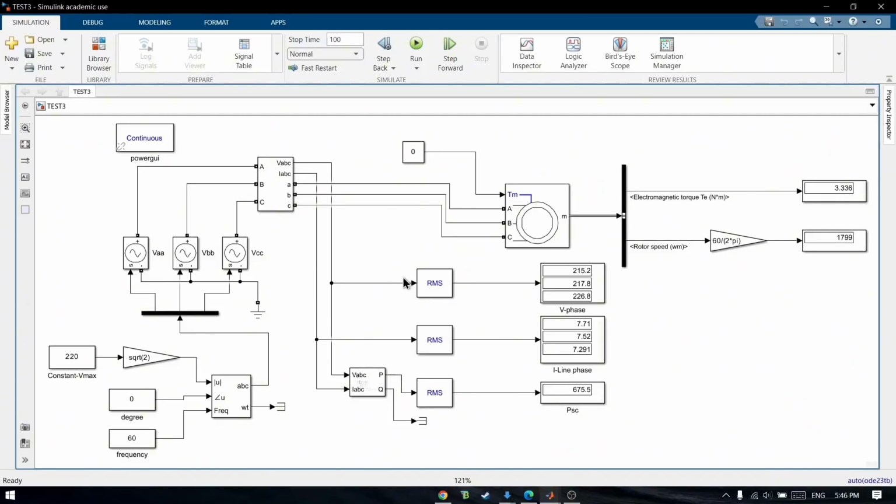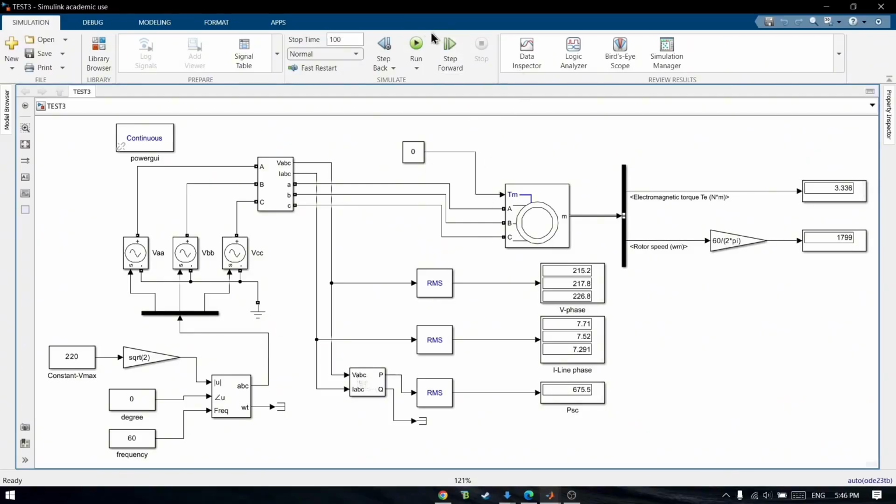The measured results are voltage is 215.00 volt, the current is 1 ampere, and the power consumed is 75.5 watt.